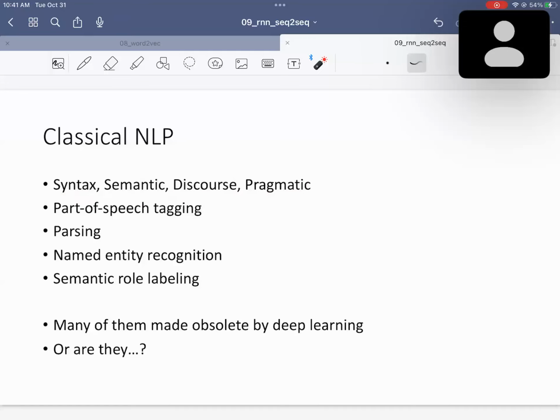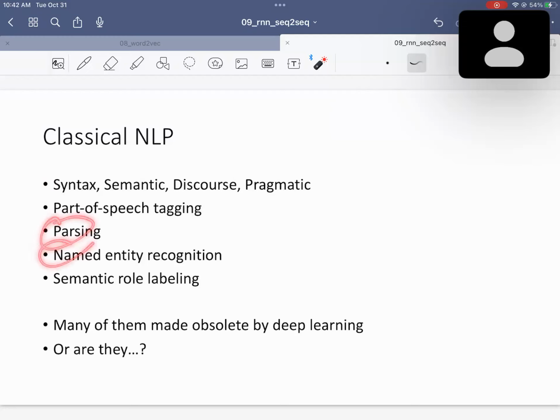And it seems that they're now all made obsolete by deep learning, especially with the advent of ChatGPT. ChatGPT doesn't do any of this. We don't classify what kind of part of speech tag each word is, whether it's a noun, pronoun, adverb, verb, or adjective. We don't do any parsing.